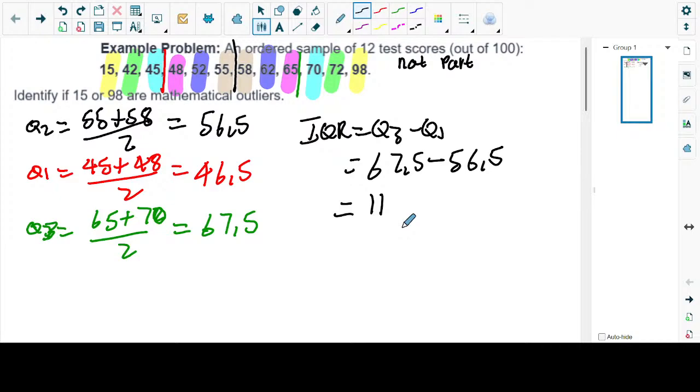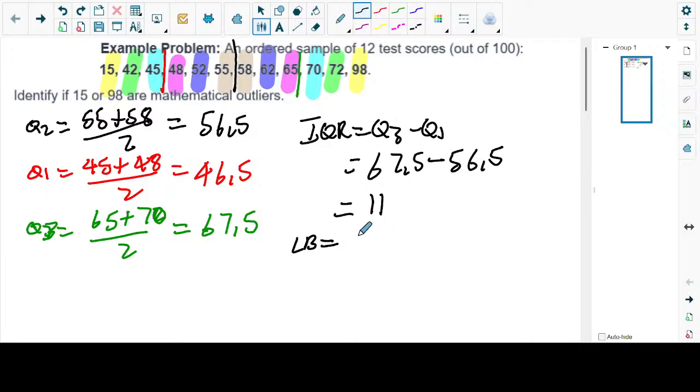Now, because we are determining the outliers, you have to recapitulate the formulas of the outliers. We're going to say LB, which is the lower boundary. Our lower boundary is given by Q1 minus 1.5 multiplied by the IQR.